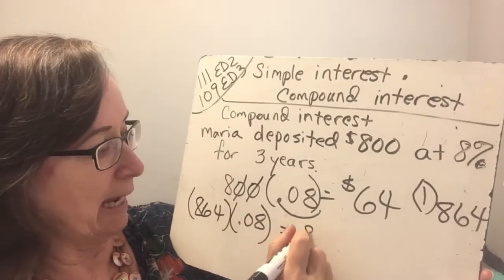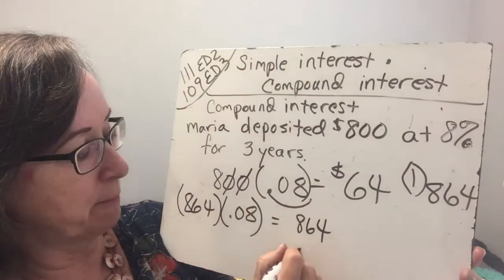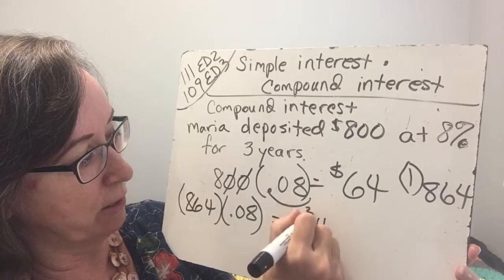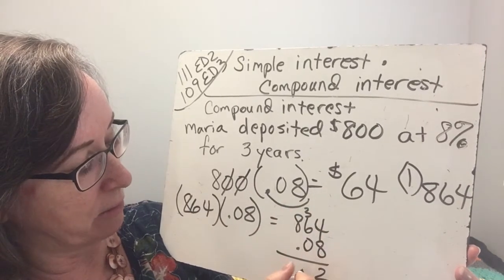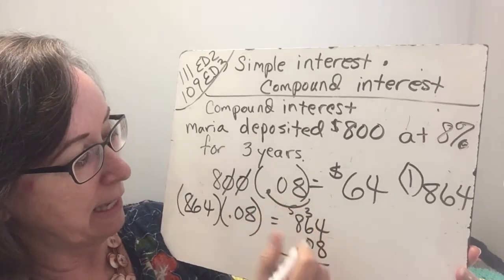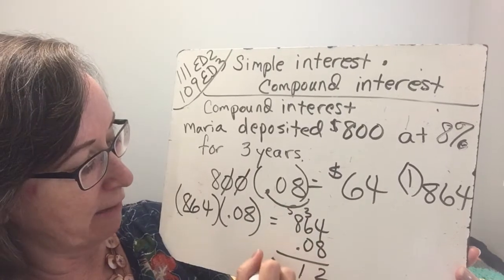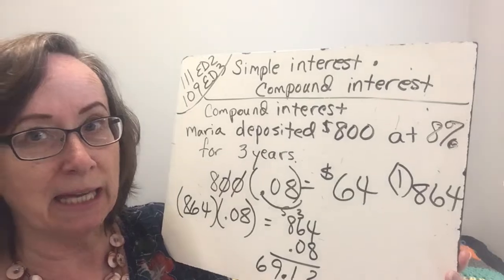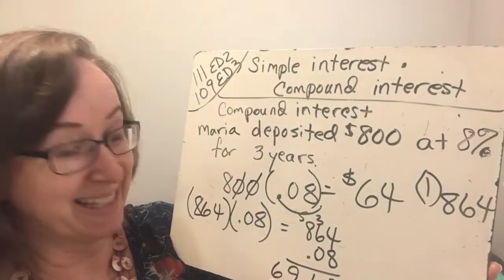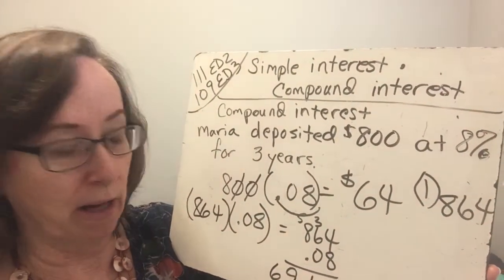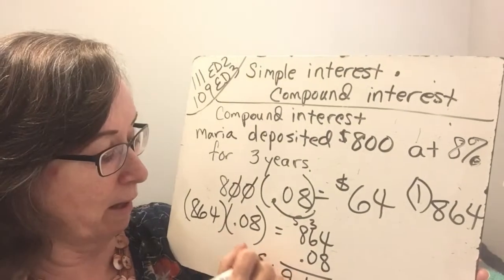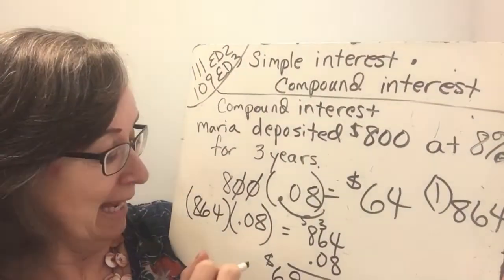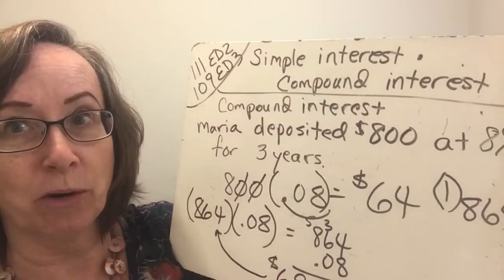We have 864 times 0.08, which is 32, and 48 plus 3 is 51, and 64 plus 5 is 69, with 2 decimal points. So this year, she earned $69.12. So $69.12 is what she earns, added to what she started the year with.